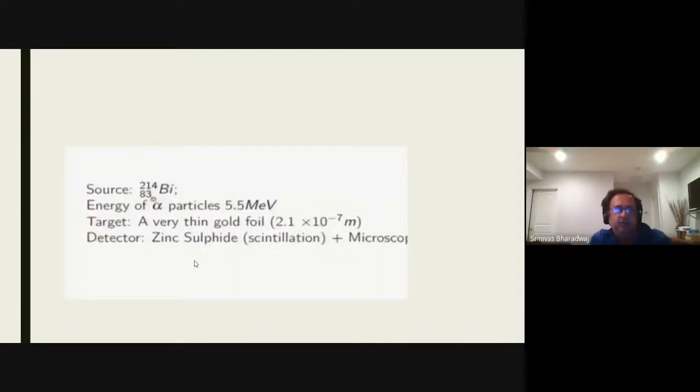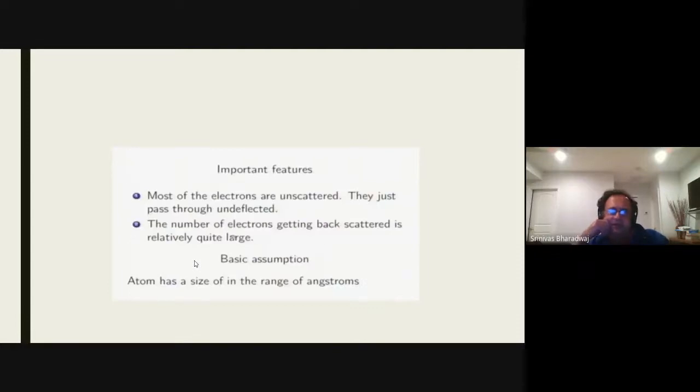Okay, but what he could explain was, if you had a thin foil, how many of these particles would be deflected and how many would go straight through. So that was the detail of what he did, and he is a very respected person who understood atomic models. Okay?